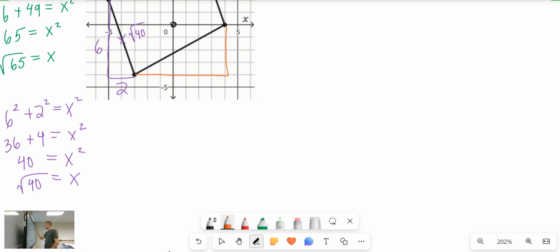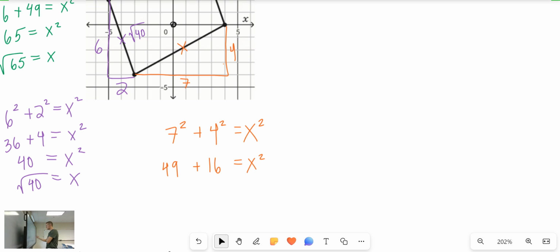Right, so we're going over 1, 2, 3, 4, 5, 6, 7. We're going over 7 and up 1, 2, 3, 4, up 4. So we have 7 squared plus 4 squared equals x squared. This is going to be x again. 7 squared is 49. 4 squared is 16.